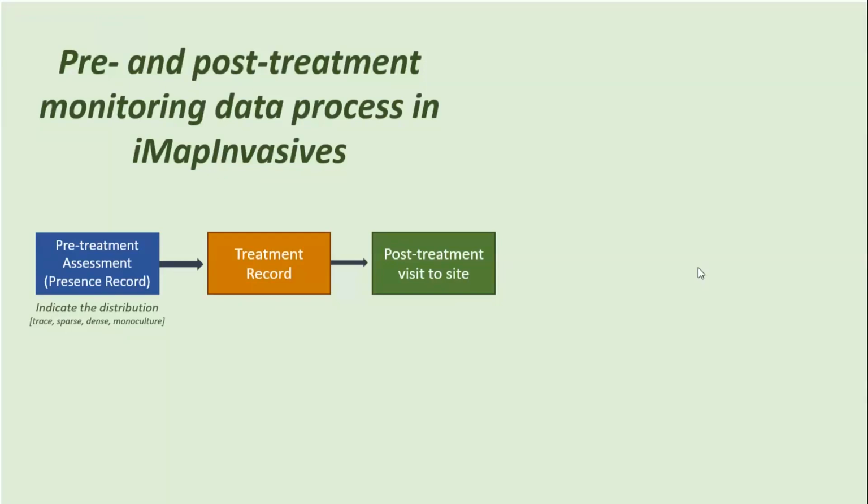Then for organizations that are taking the next step to treat that infestation, there's lots of detailed information you can enter about the treatment. And then there's the next step that we're always encouraging our partners to do, and I know they always do want to do it, but sometimes funding only covers the treatment part, but doesn't cover the post-treatment monitoring part.